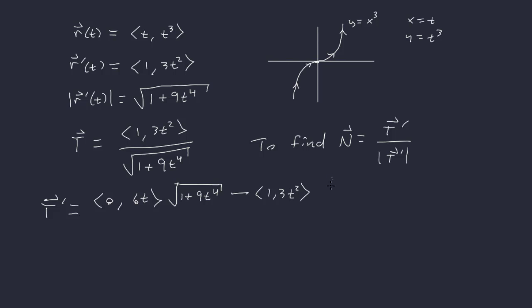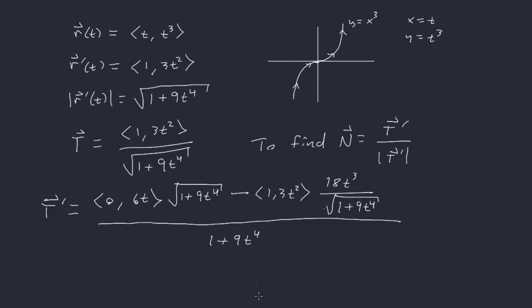So the derivative of the bottom, we have a square root derivative, so it's going to be derivative of the stuff. That's going to be 36t cubed all over 2 times our square root stuff. All right, and we have a nice cancellation here, right? That 2 cancels with the 36 and leaves an 18. And then this will be all over the bottom squared. So 1 plus 9t to the 4th. Okay.